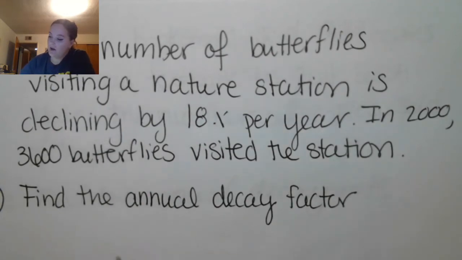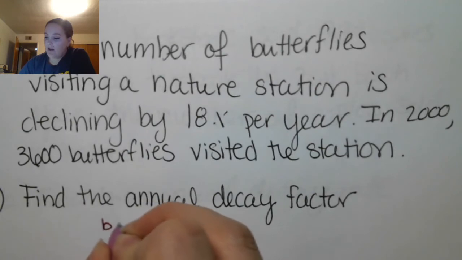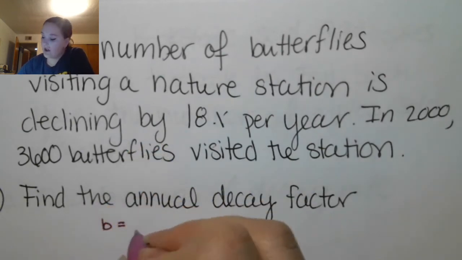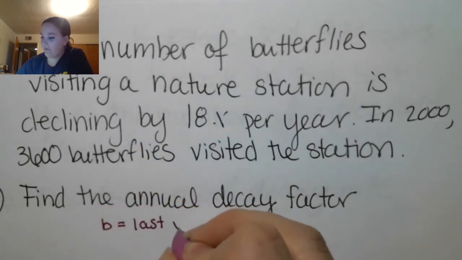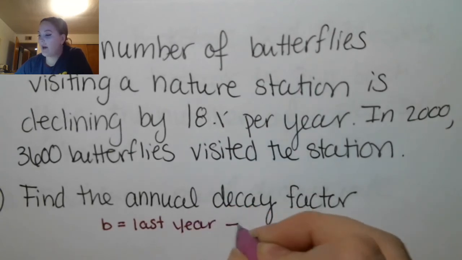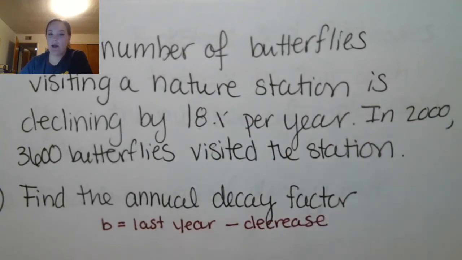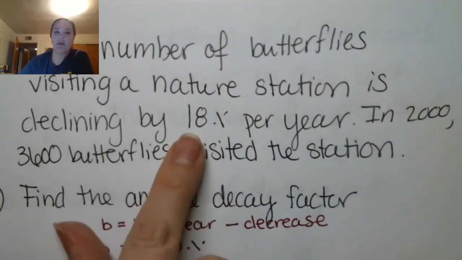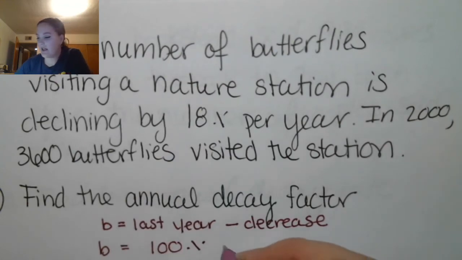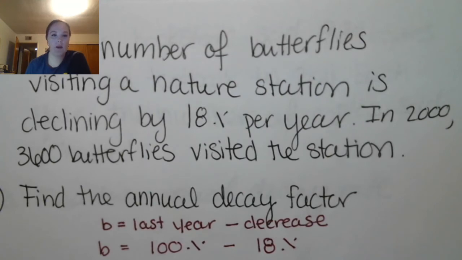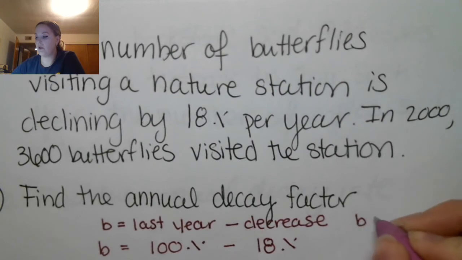Okay, so our decay factor B is going to be last year minus the decrease. Okay, so last year's amount would be 100%. Okay, and our decrease, it says in the question, is 18%. So if 18% of them are missing, how many of them are left?